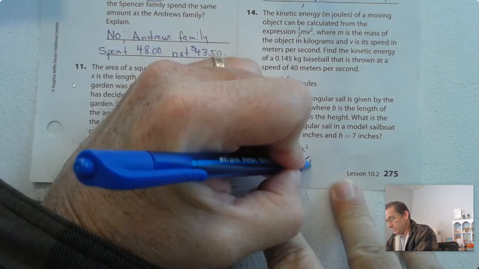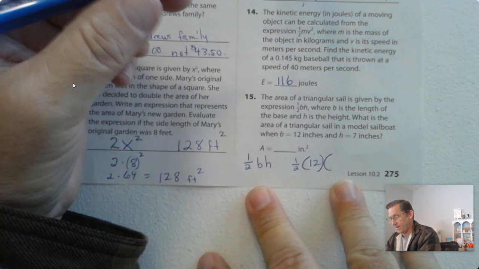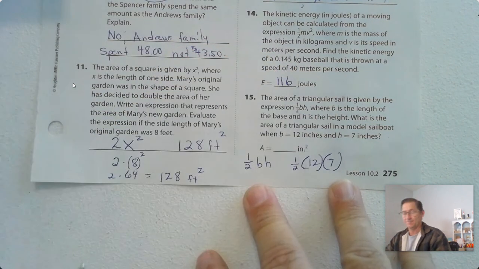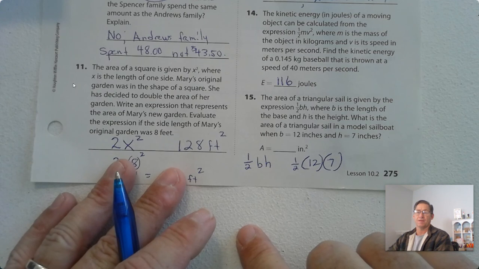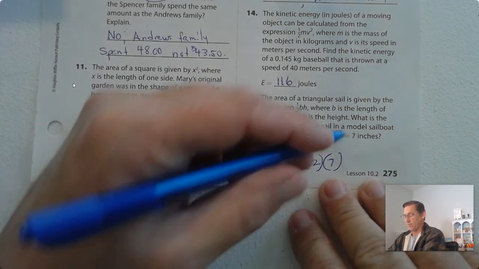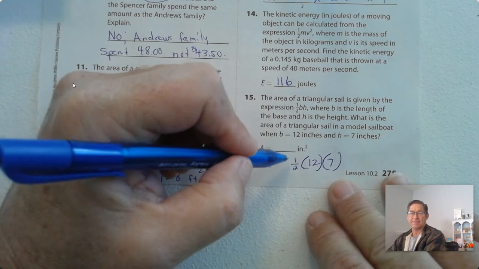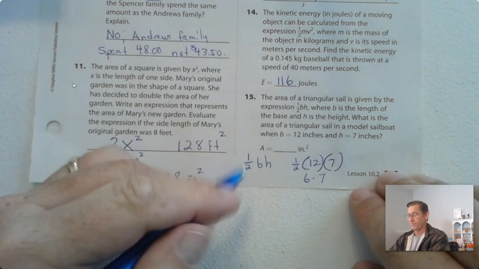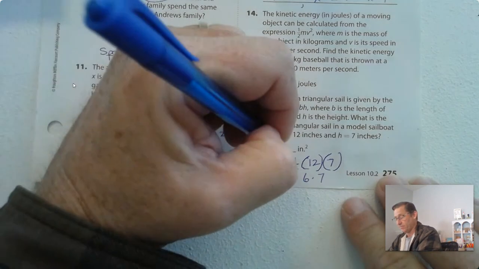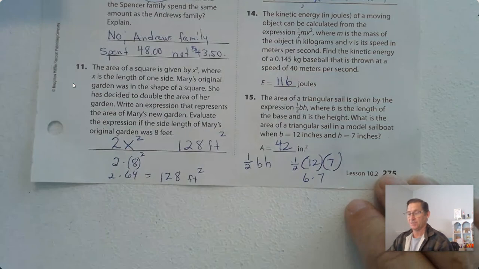So for b, we're going to substitute 12. And for h, we're going to substitute 7. So we just basically have multiplication, right? So I can group things the way I think would make it easiest. So half of 12, that's easy. That's 6. So now I'm left with 6 times 7. So 42 inches squared.